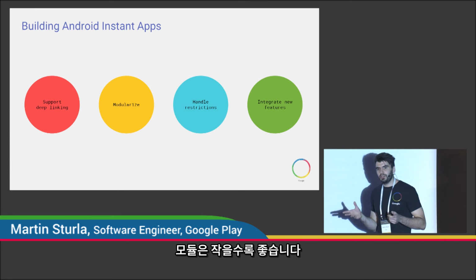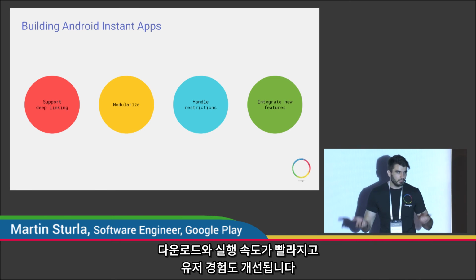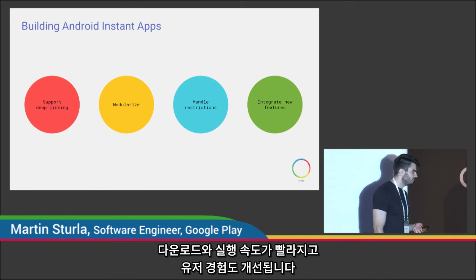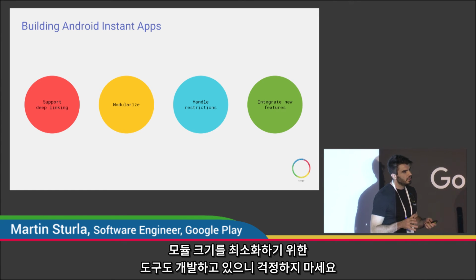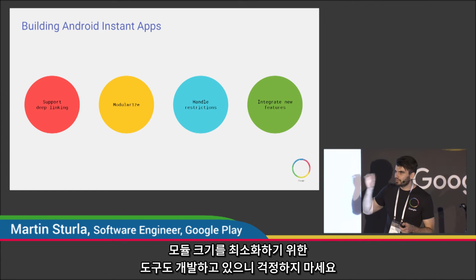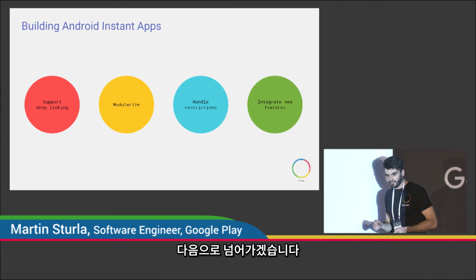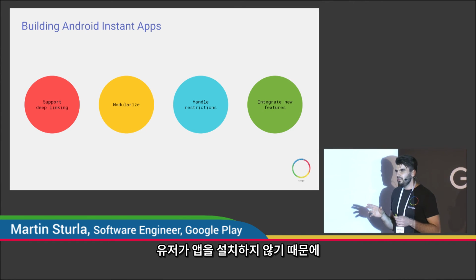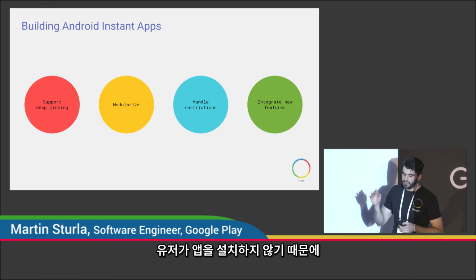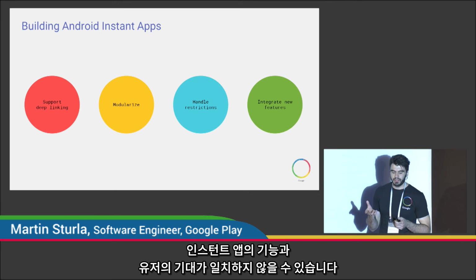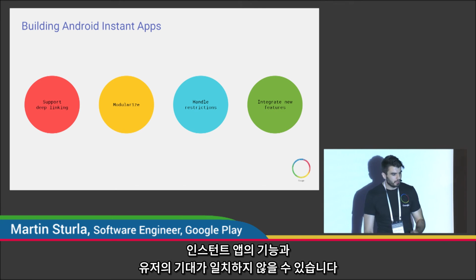Now, the smaller the modules, the better. They'll be downloaded faster, they'll be run faster, and we'll have a better user experience. But don't worry, we're building tools in order to make these modules as small as possible. Next, because users haven't really installed the application, they might have different expectations of what an instant app can do.